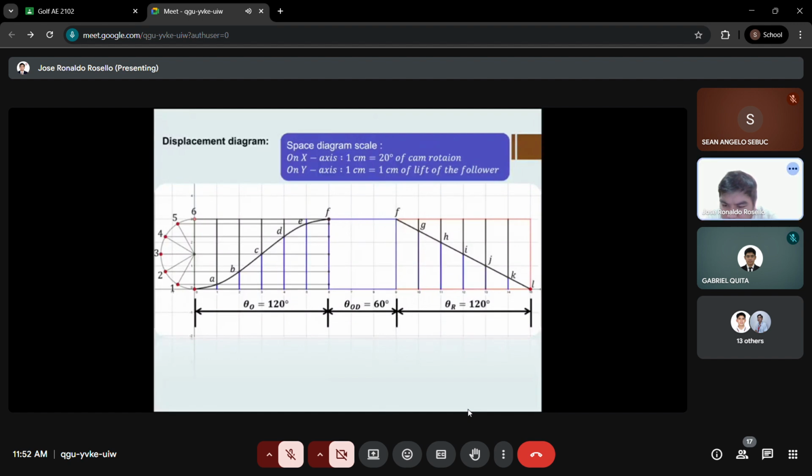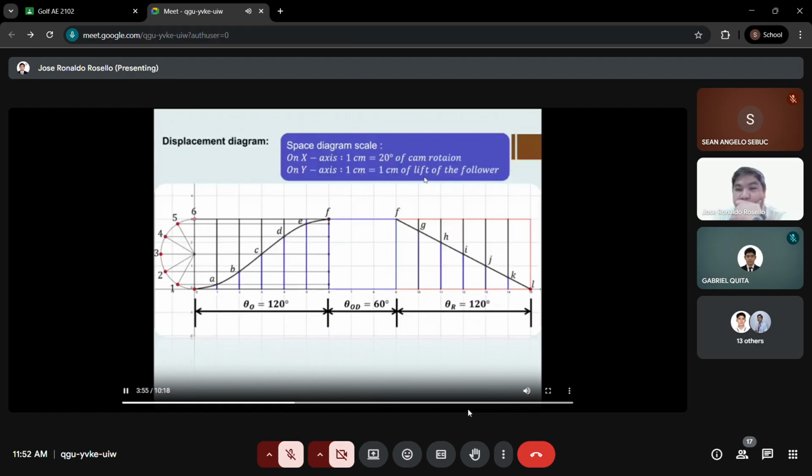Now let us see how to construct this particular displacement diagram. We'll see the entire construction also afterwards in full animation form.